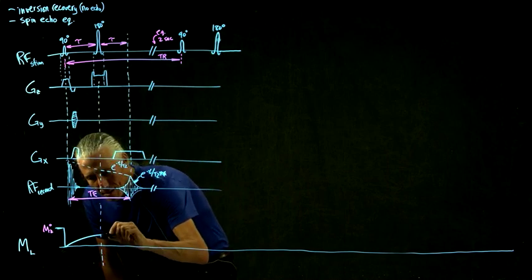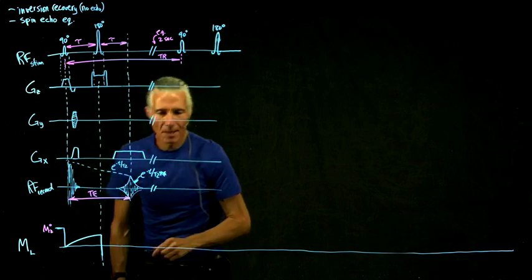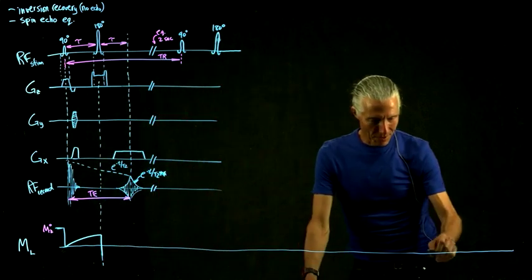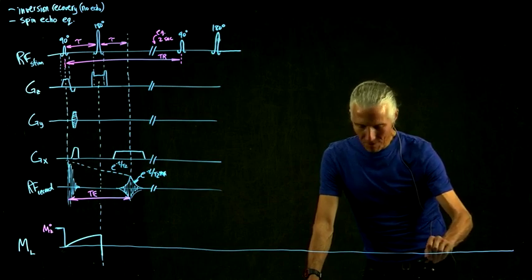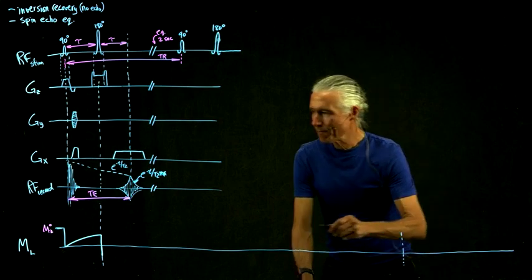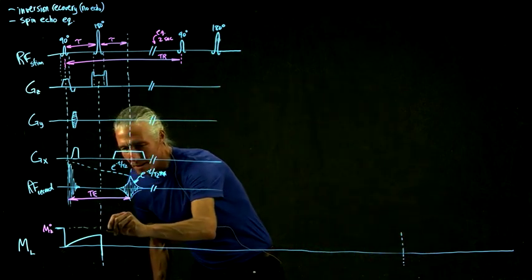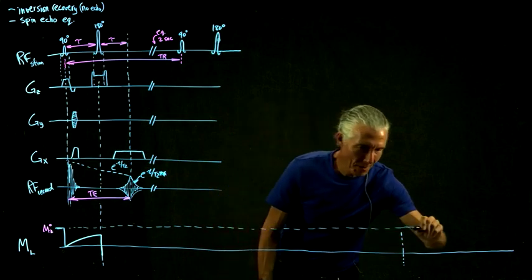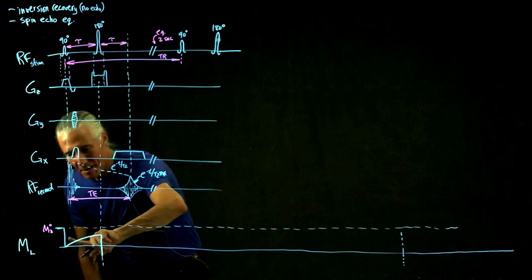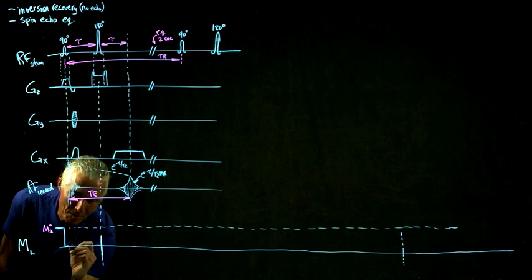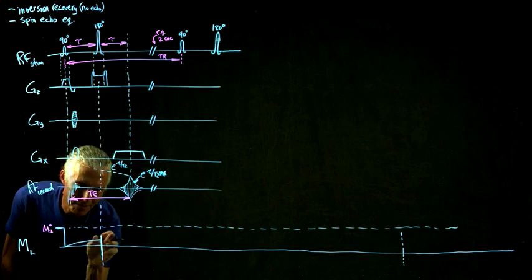And then we do a 180. And then we've got a long time to recover. So let's put it over here. So here's what we're recovering to. I recovered a little bit too much there. Let's just recover a little bit less like that. Okay.